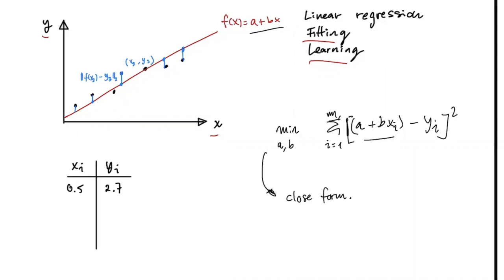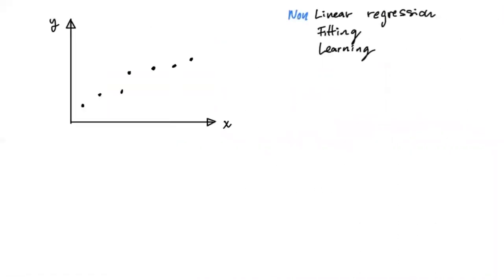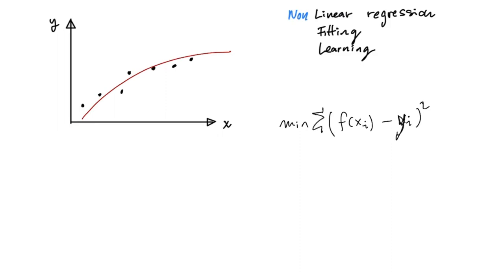Well, you can think about nonlinear fitting in this case. Before, I told you, let's assume we have a linear function, but we can think about some quadratic function. And the problem will be the same, right? In this case, you will have f evaluated in this data sample i minus yi, and then this is elevated to the square, and then summing up for all data samples from 1 to m, right?